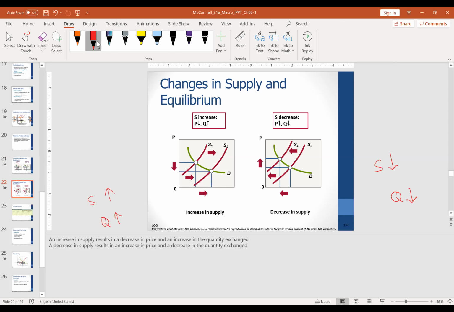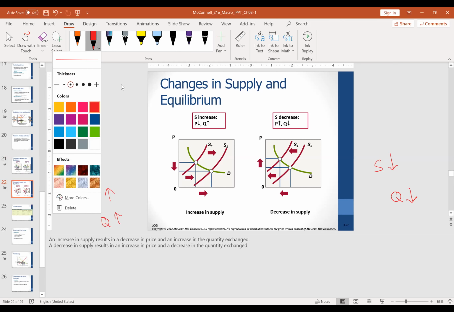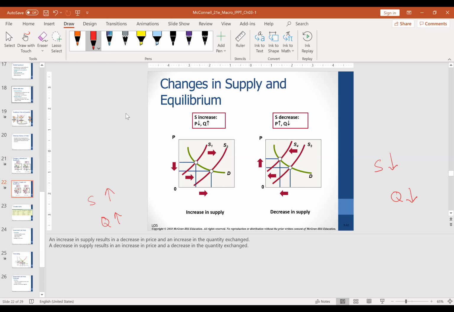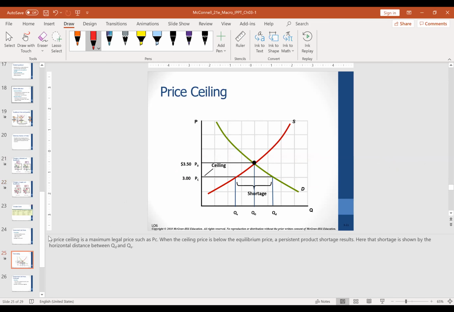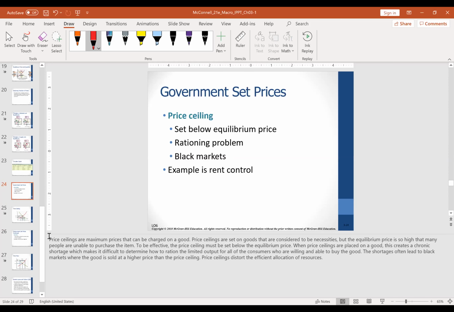But the thing to note here is that supply and price move in opposite directions. If supply increases, price goes down. If supply decreases, price goes up. Right, I think we know the concept of price ceiling and price floor.